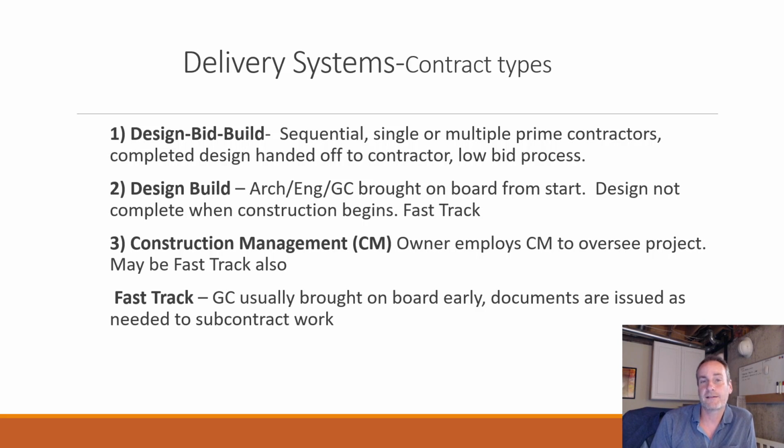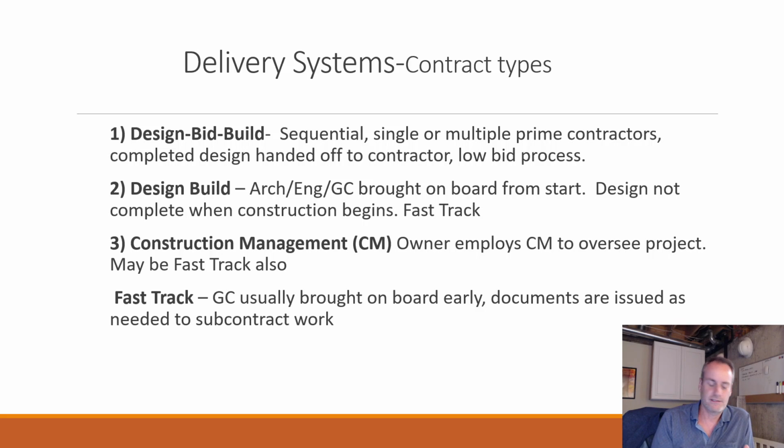Okay. The second one, design build, is a little different because you start the design team with the architect and the engineer, but now you're bringing in the general contractor from the very beginning. So basically, it's a process where the general contractor who's going to be building this project is working with the engineer and architect while it's going on, meaning during the project.